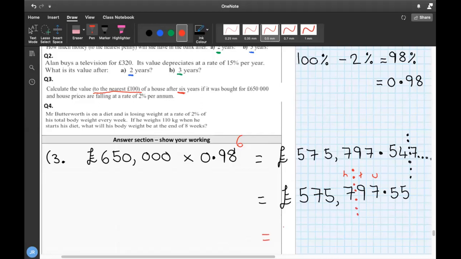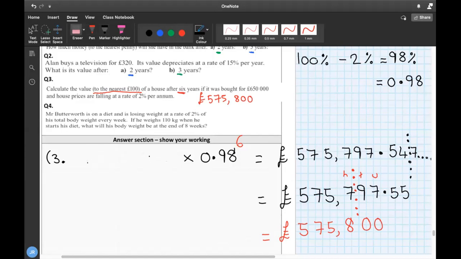So my final answer is going to be 575,000. Okay, right, 5 and above. That 9 will give the 7 a shove up to an 8. Okay, so the final answer there is going to be 575,800 pounds.